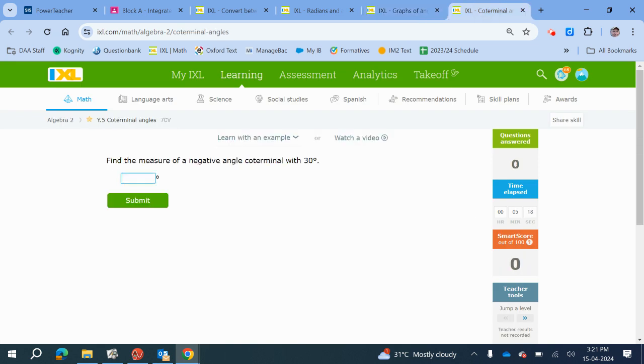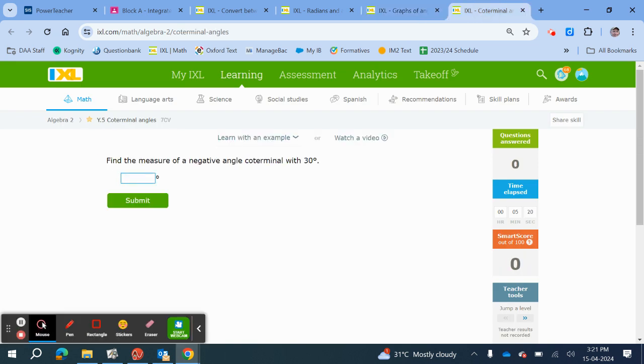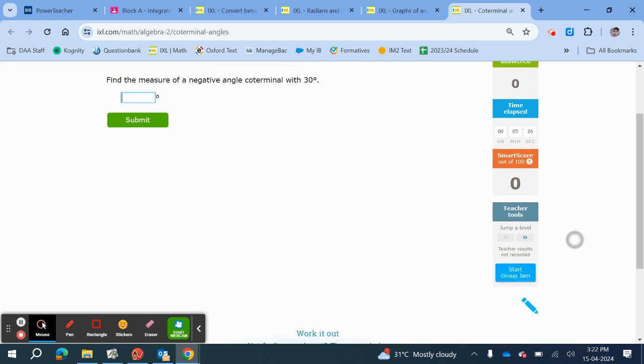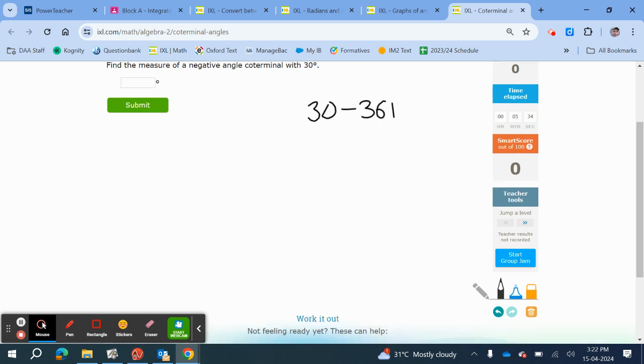Okay, last one. Find the measure of a negative angle coterminal with 30. These ones are easy. You basically take this angle, and rotations of 360 degrees bring us back to the starting point. So 30 minus 360 is minus 330.